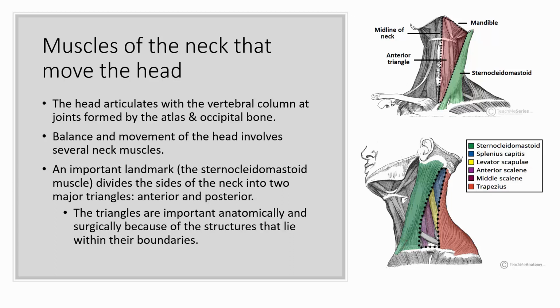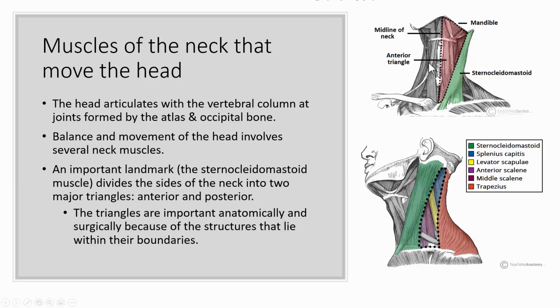If we look over to the right here, we can see the sternocleidomastoid muscle, the midline of the neck, and the bottom of the mandible all make the boundaries of this triangle. We're going to have suprahyoid muscles and infrahyoid muscles found within that triangle, and we'll talk about the names of those muscles a little bit later.